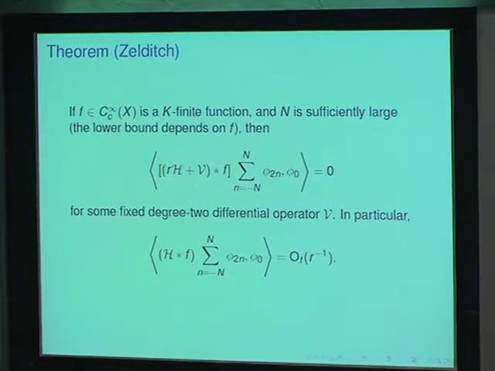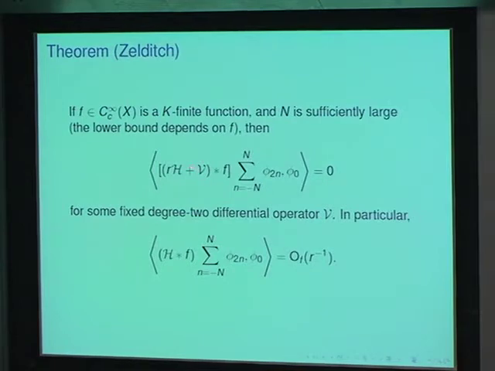And the claim is that when you apply r times h plus v to some unknown function f, compact support, k finite, and so on, then this expression isn't just vanishing asymptotically, it's vanishing. And that's a very nice miracle, because this v is fixed.